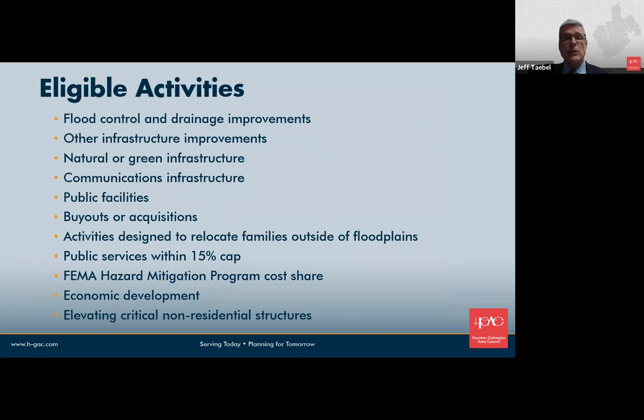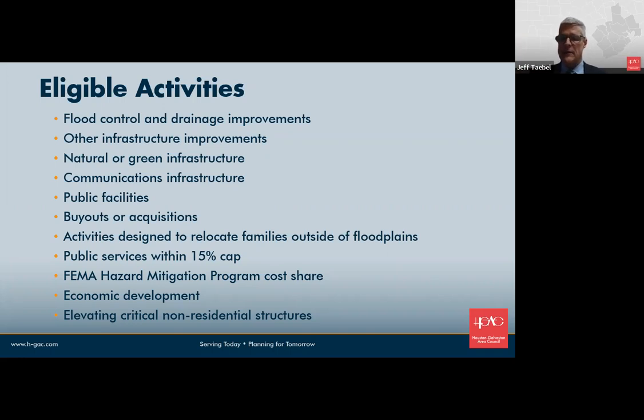So the eligible activities available are fairly broad. Again, I want to stress that these are mitigation funds, the prior methods of distribution we've done were for disaster recovery. So these funds are to provide longer term mitigation and resiliency.